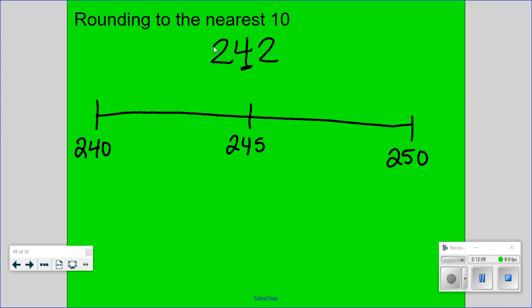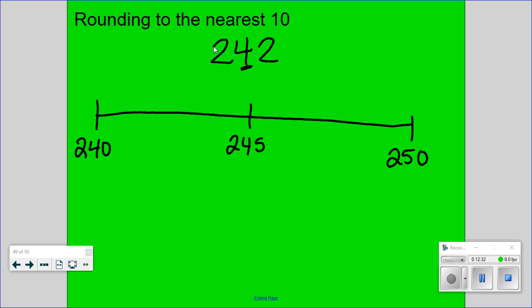Now that our number line's ready, go ahead and plot 242. Where is that going to go on your number line? Adria, where's 242 going to go? Kind of close to 240.